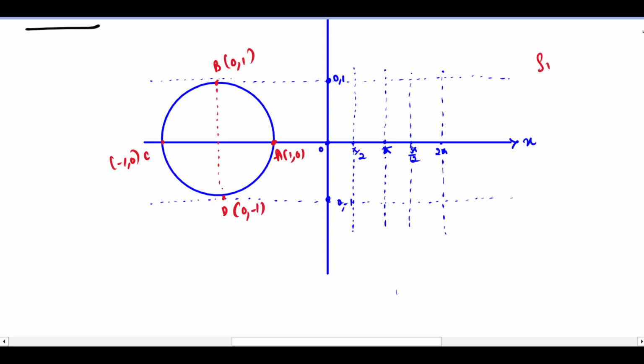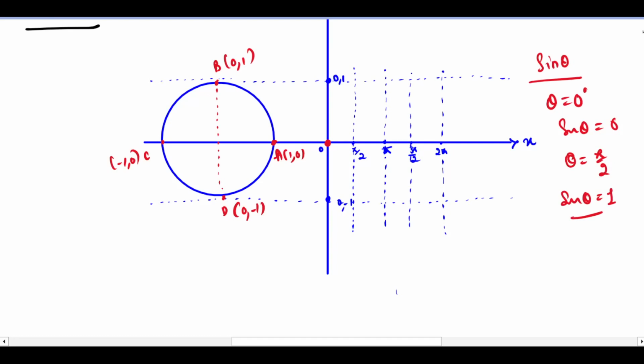So when theta is 0, sine theta is 0. So we have this point at theta equal to 0, and when theta is equal to pi by 2, sine theta is equal to 1.